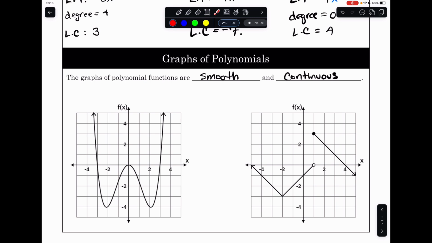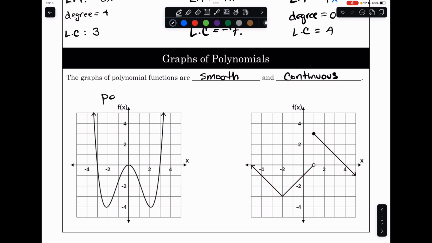Unlike this one over here on the right. On this one, I can draw this part with one pen stroke and not have to pick it up. But in order to continue, I would have to pick up my pen and then start up here and then move down. So you see there's a gap right here that isn't connected with one pen stroke. So that's what the word continuous means.